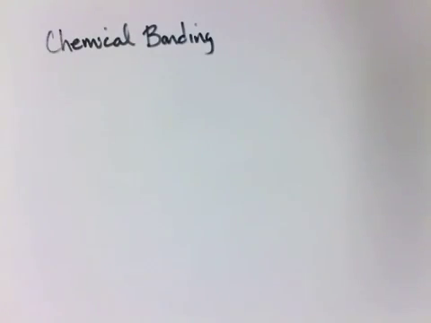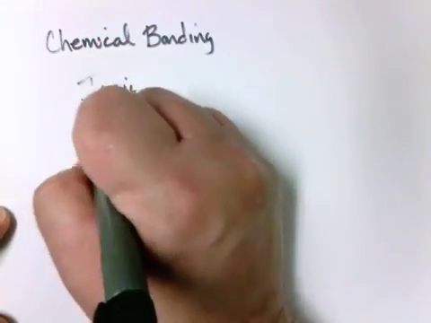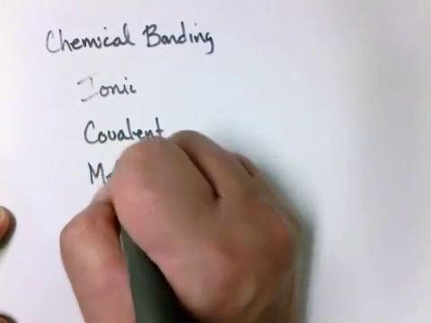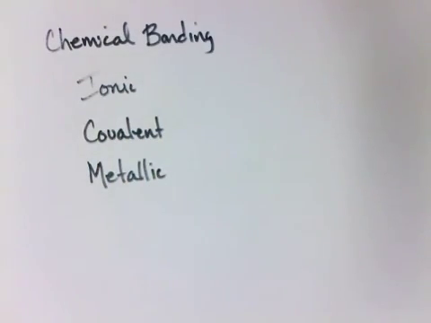There are 3 types of chemical bonds that we're going to be interested in: ionic bonds, covalent bonds, and metallic bonds. As it turns out, between ionic and covalent, there is a gradation, a spectrum. Bonds aren't necessarily completely ionic or completely covalent.